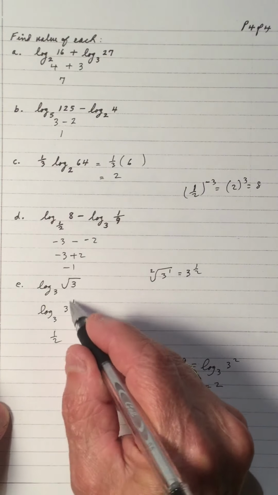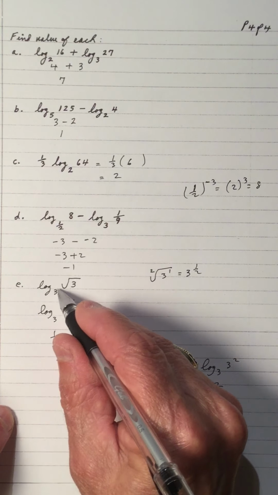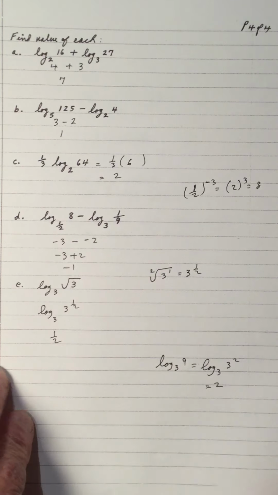But notice this one is the square root, so that's a half. 3 to the 1/2 gives you the square root of 3.